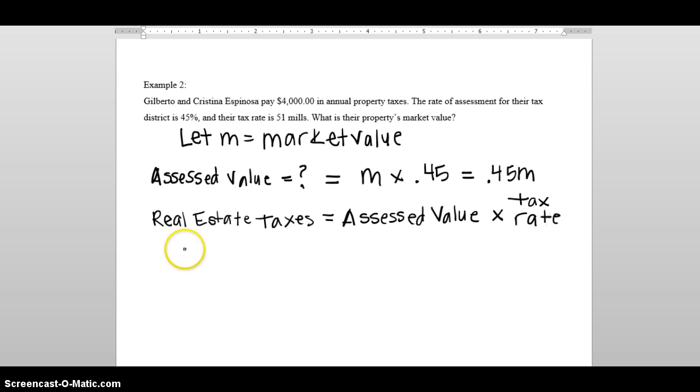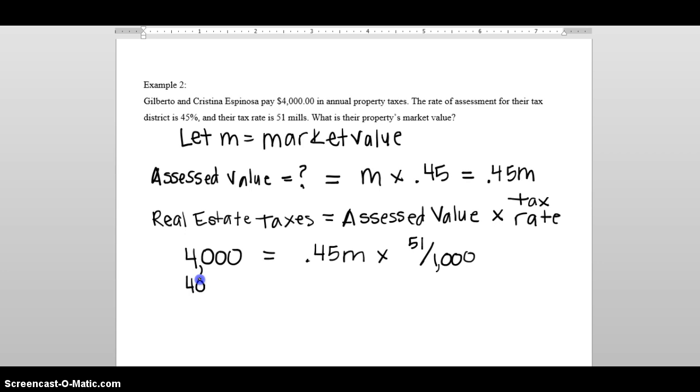So our real estate taxes are $4,000. Our assessed value is 0.45 M. And our tax rate is 51 divided by 1,000.